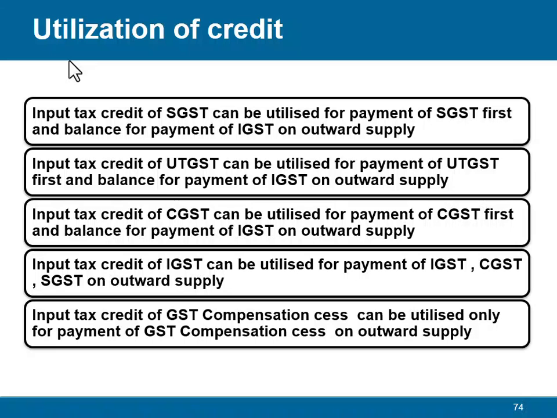Okay. Input tax credit of GST compensation cess can be utilized only against the payment of GST compensation cess. अगर आपने compensation cess पे करा है on those product, पान मसाला, आप पान मसाला बना रहे हो तो आपने किसी को रॉ मटेरियल पे सेस पे करा है तो वो सेस जो है आपके उसके अगेंस्ट आप क्लेम कर सकते हो.